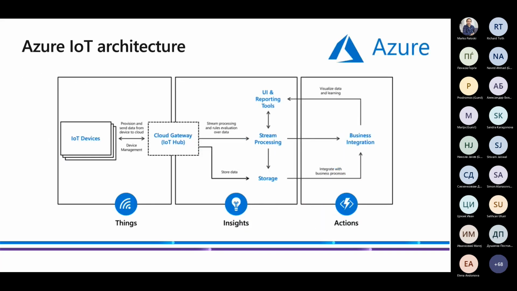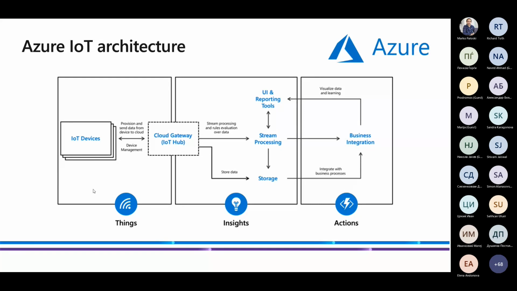What does an Azure IoT architecture look like? The diagram illustrates a recommended Azure IoT solution architecture. An IoT application consists of the following subsystems.